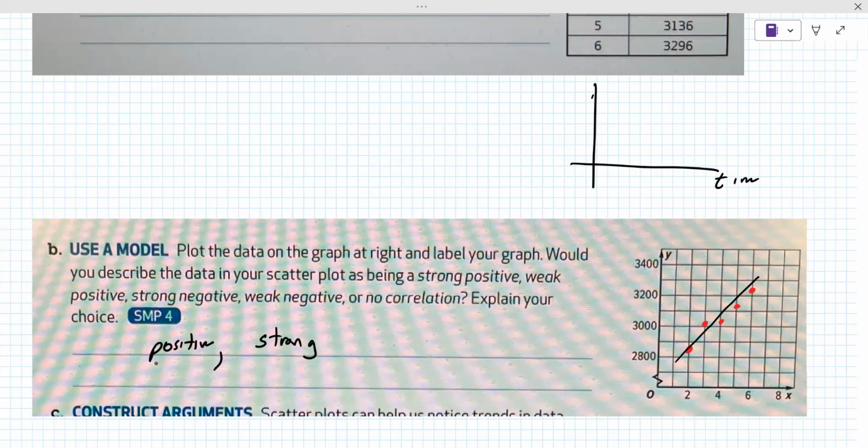What do you mean by tightly? Like it's right there on the line? It's close to the line. The data points all grouped together is another word you might consider using. You want to give some explanation for why you believe it's strong. That's the show your work part of this. Oh, okay.